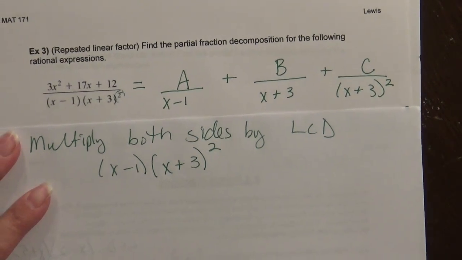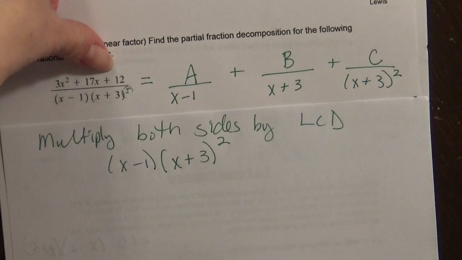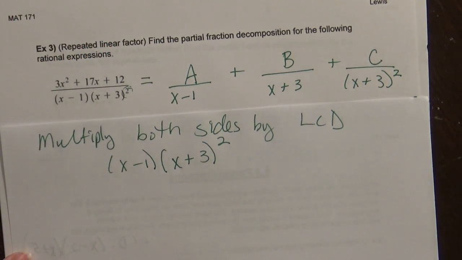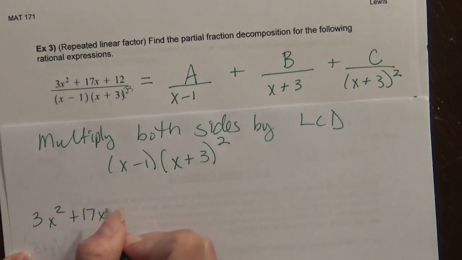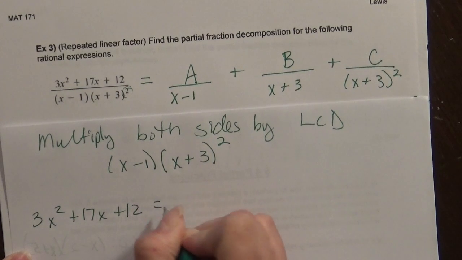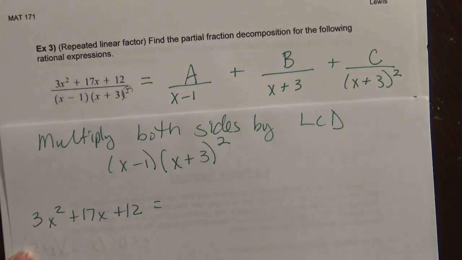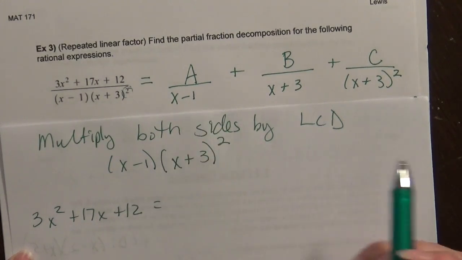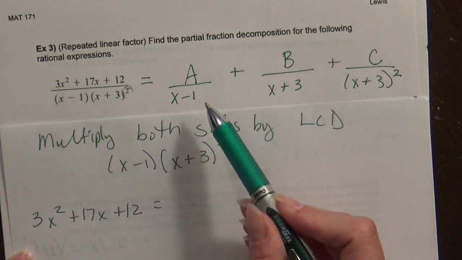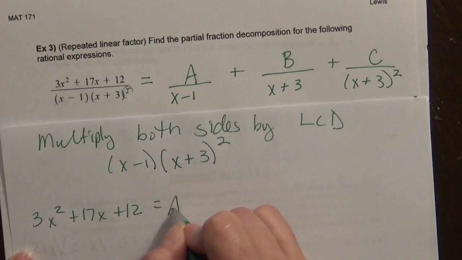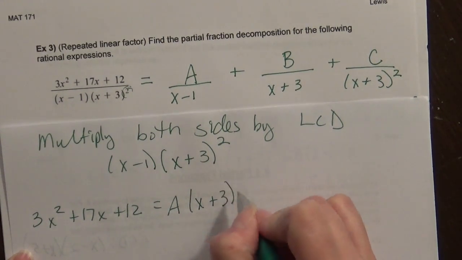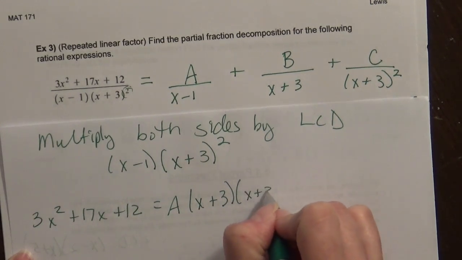If I multiply both sides by that, when I multiply the left side by the LCD, the only thing that's left is the numerator. So I've got 3x squared plus 17x plus 12. Then I multiply a over x minus 1 by my LCD. When I do that, the x minus 1's cancel, leaving me with a times x plus 3 quantity squared, or x plus 3 times x plus 3.